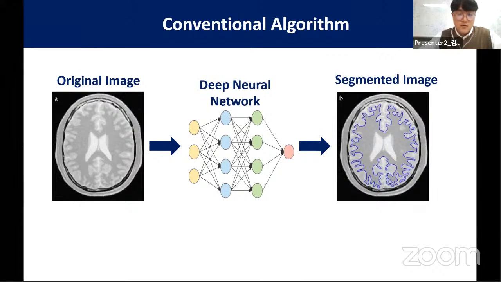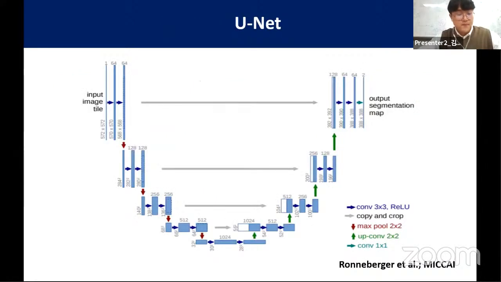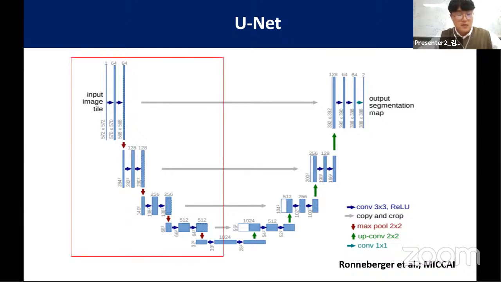Among various famous methods, I will introduce the well-known structural neural architecture, so-called UNet. One of the most well-known structures for medical image segmentation is UNet, which is built upon the FCN, fully convolutional networks. This architecture consists of a contracting part and an expanding part.